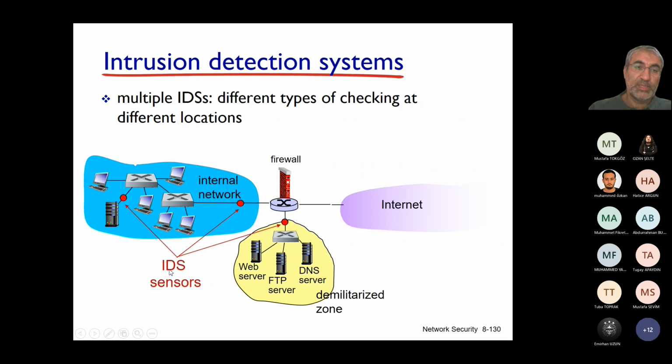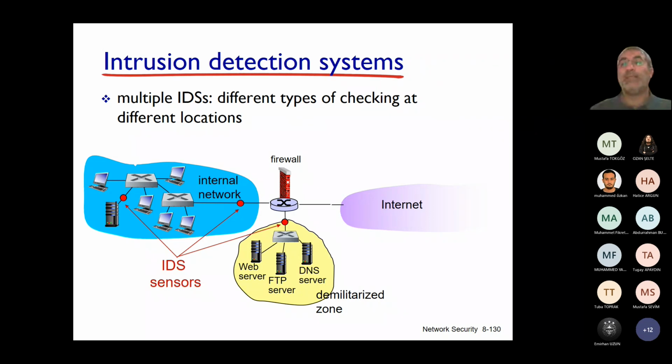For instance, you can put an IDS sensor at the entrance of a server, or just before the firewall, or just before another demilitarized zone. So you can deploy IDS sensors at different locations of the network so that you can monitor what is going on.